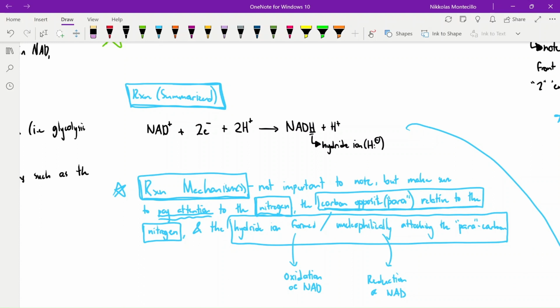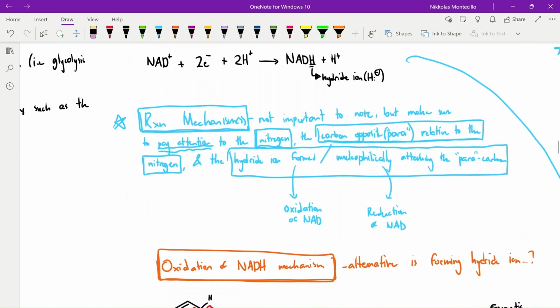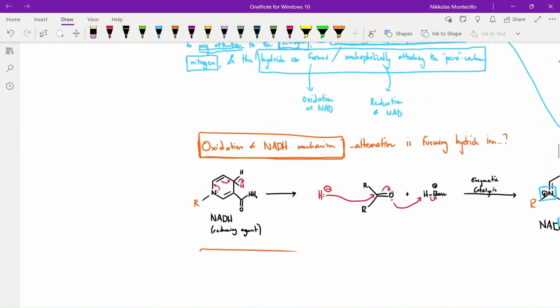The reaction mechanism is not necessarily important to note, but make sure to pay attention to the nitrogen, the carbon opposite, or para, relative to the nitrogen, and the hydride ion formed, which is shown here.